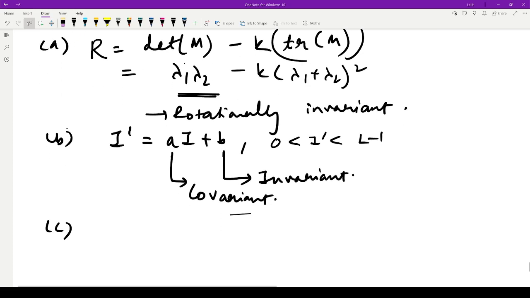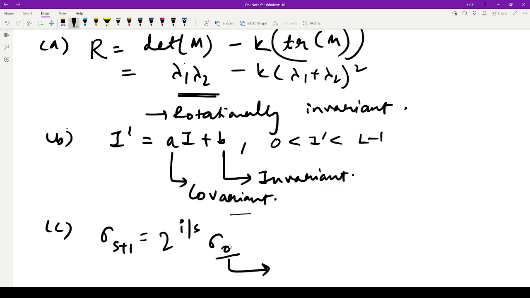If you remember, sigma s plus 1 is 2 to the power 1 by s times sigma naught, or rather 2 to the power i by s times sigma naught. This is the initial sigma of the Gaussian.